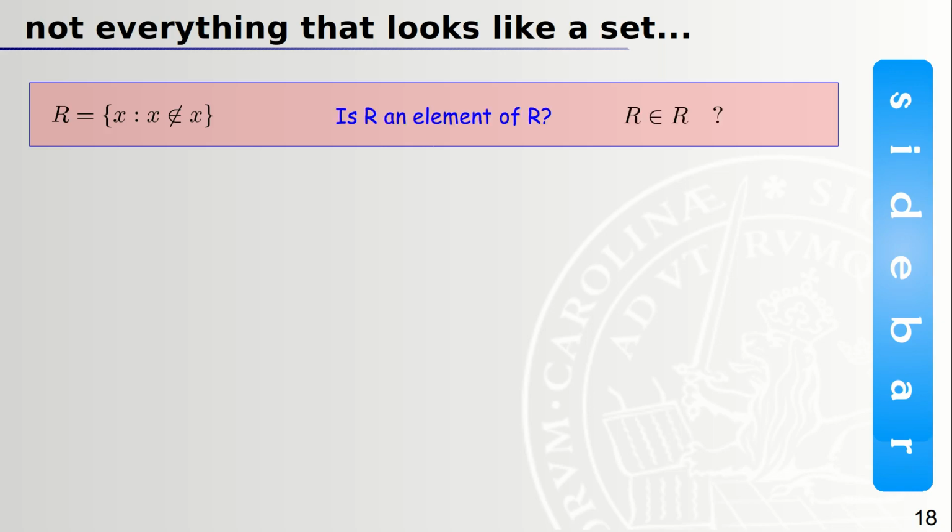Either way, we should be able to ask, does R contain itself as an element? Remember that for any set, something either is or is not an element of it.